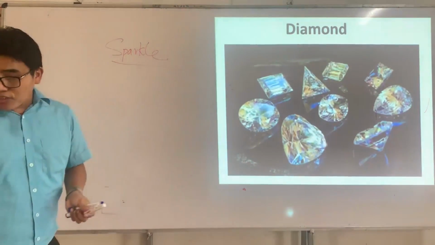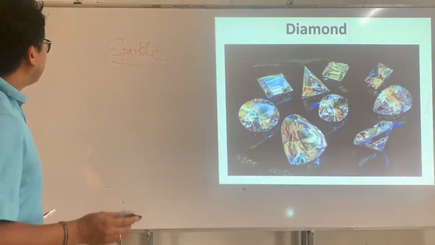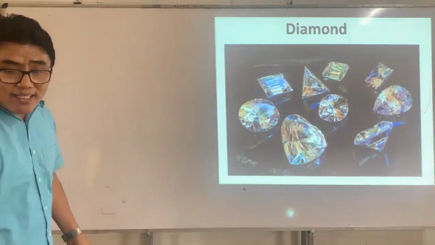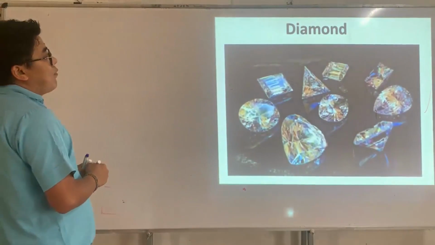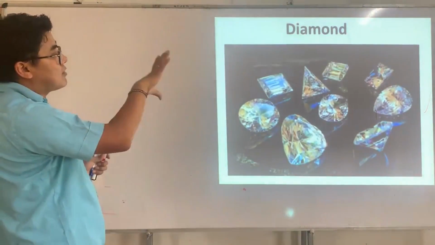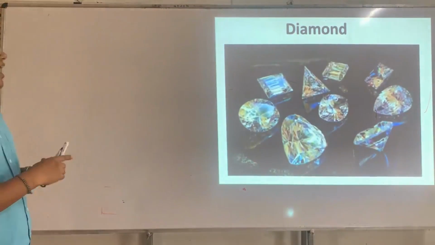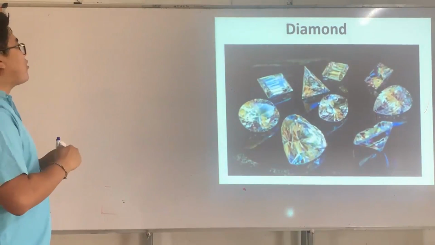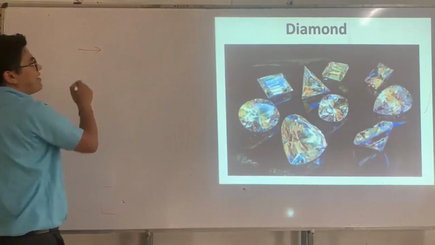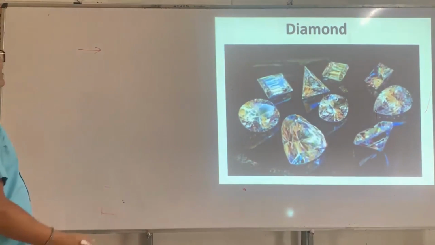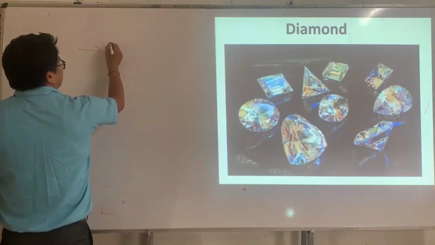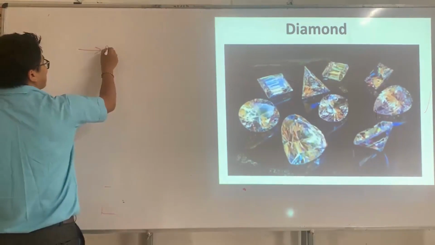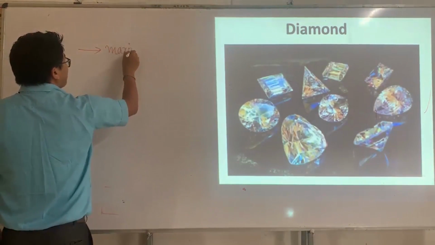So now the question is, why does a diamond sparkle when light is incident on it? Again, the reason is that, as we just discussed, the diamond has the maximum refractive index.